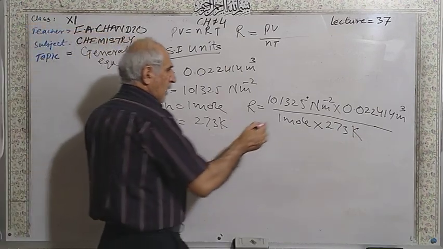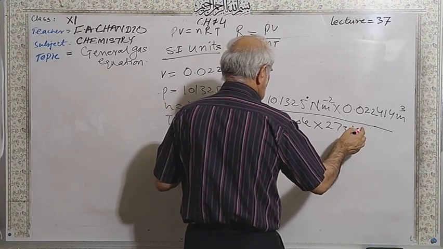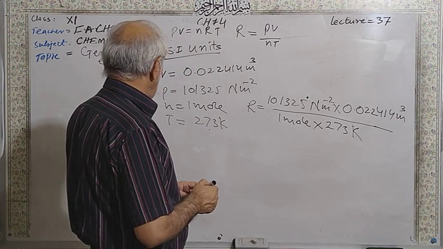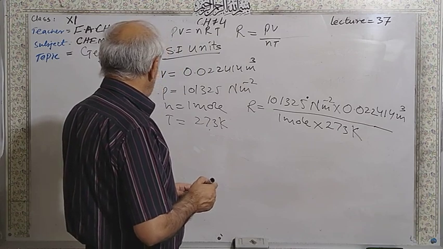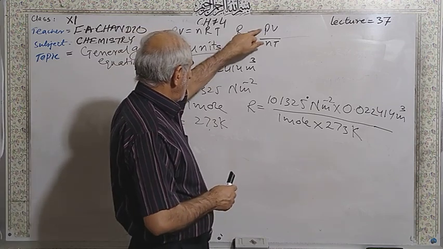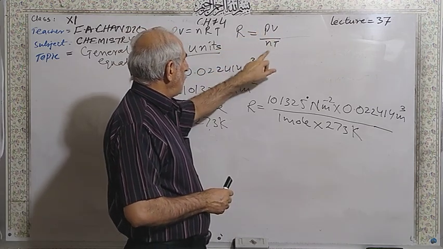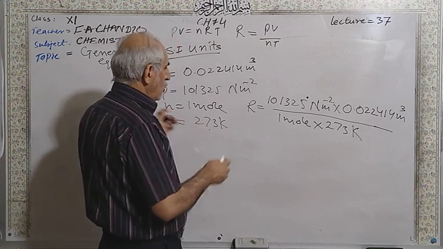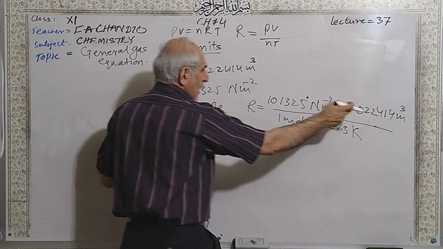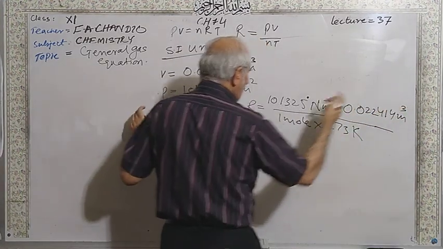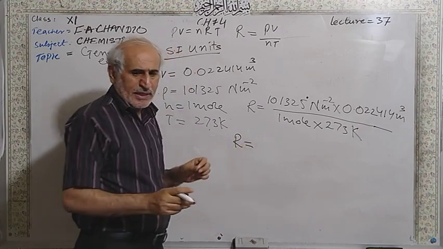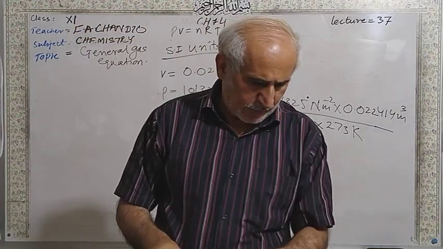So dear students, P is pressure, V is volume, and T is temperature. You will get per meter square and meter cube, so 1 meter remains. So this R will be equal to 8.31. This is the value.